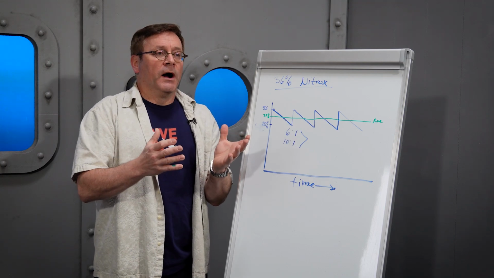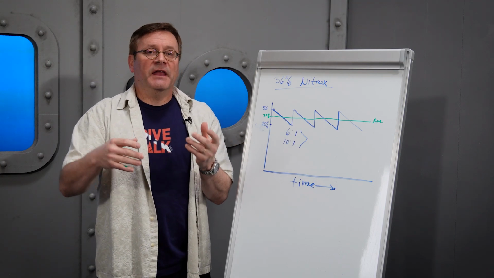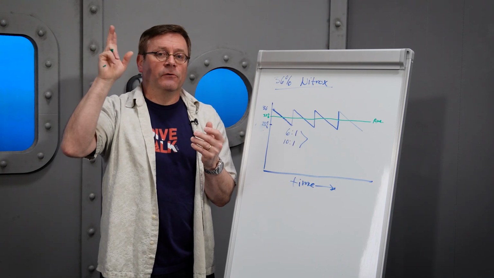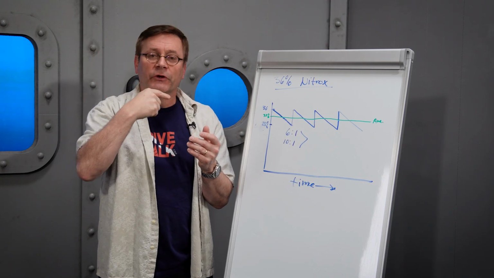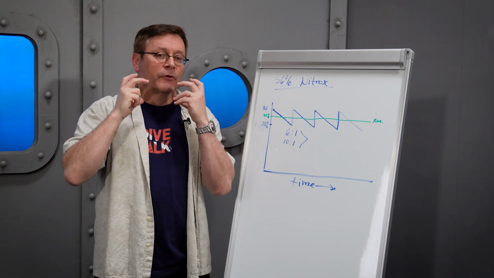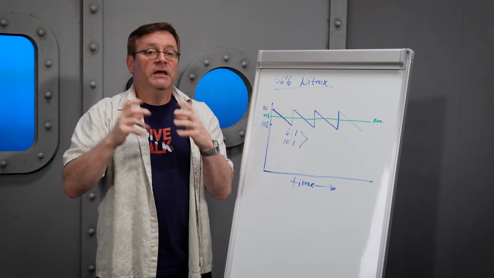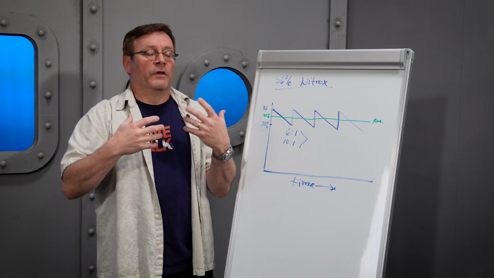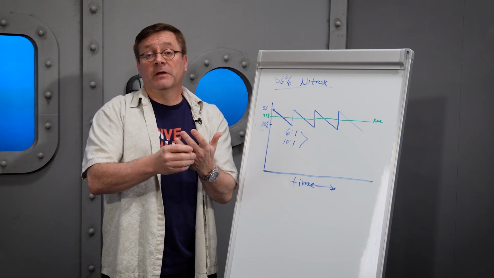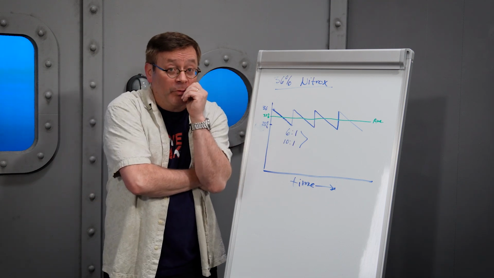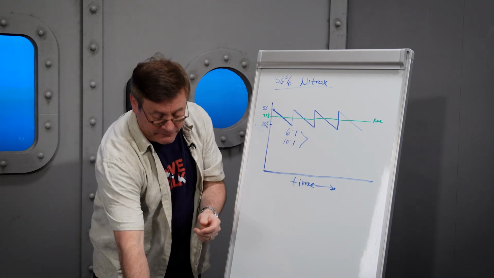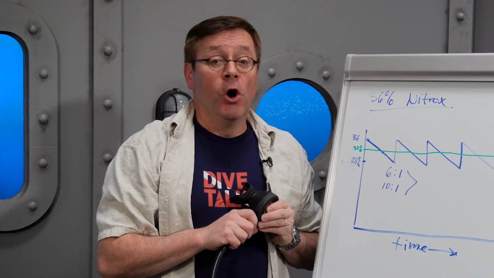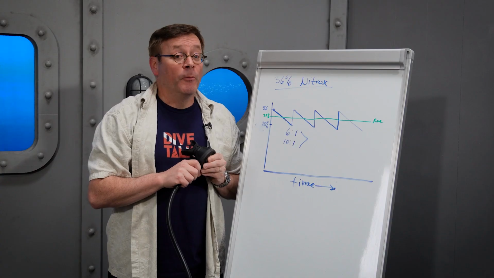There's one design where every time you exhale, it vents a portion of your gas directly from the breathing loop. In that way, if you don't breathe as much, you don't vent as much. Whereas with a constant flow semi-closed rebreather, even if I hold my breath, the orifice is always going.